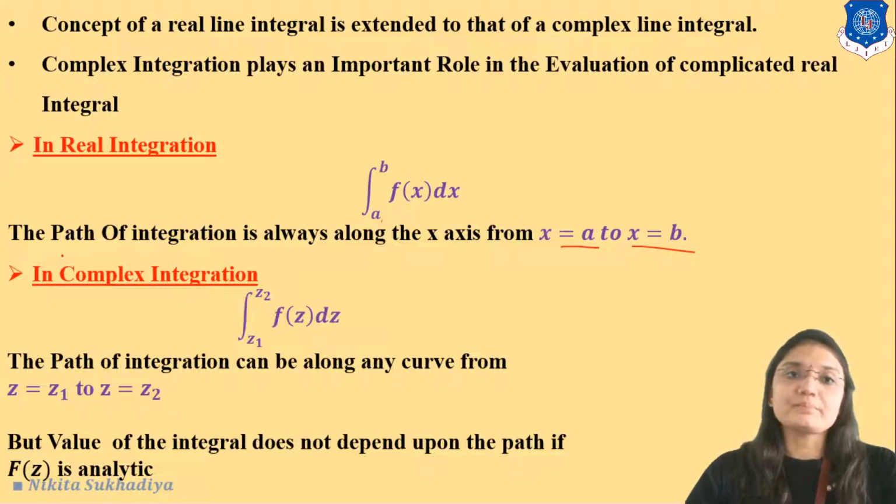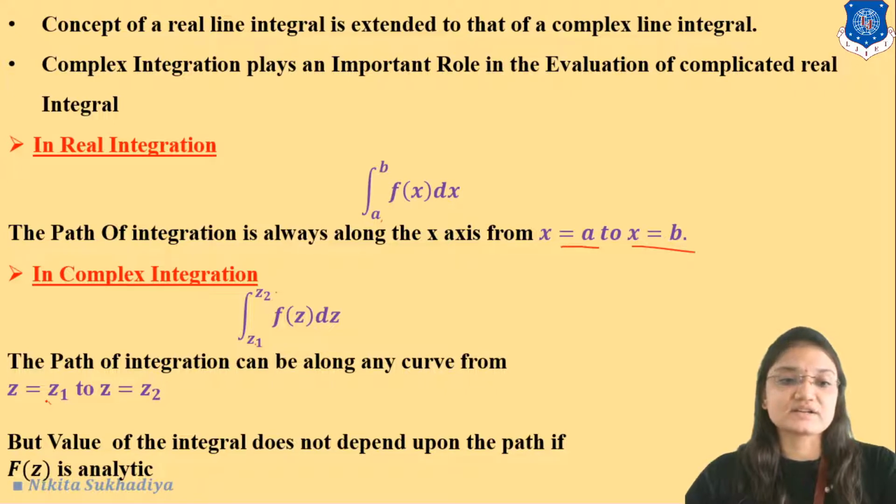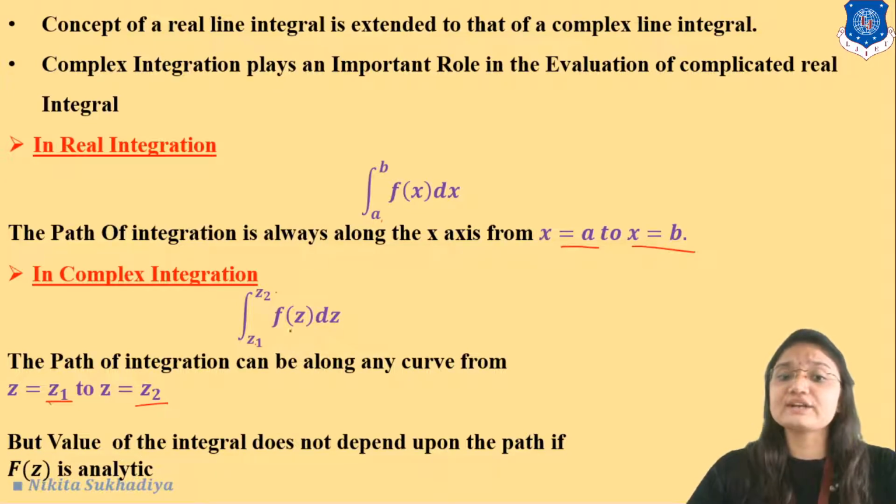But in complex integration, you are given the integral from z1 to z2 of f of z dz. So the path of integration can be along any curve from z equal to z1 to z equal to z2. But when the function is an analytic function, the integral does not depend upon any path.